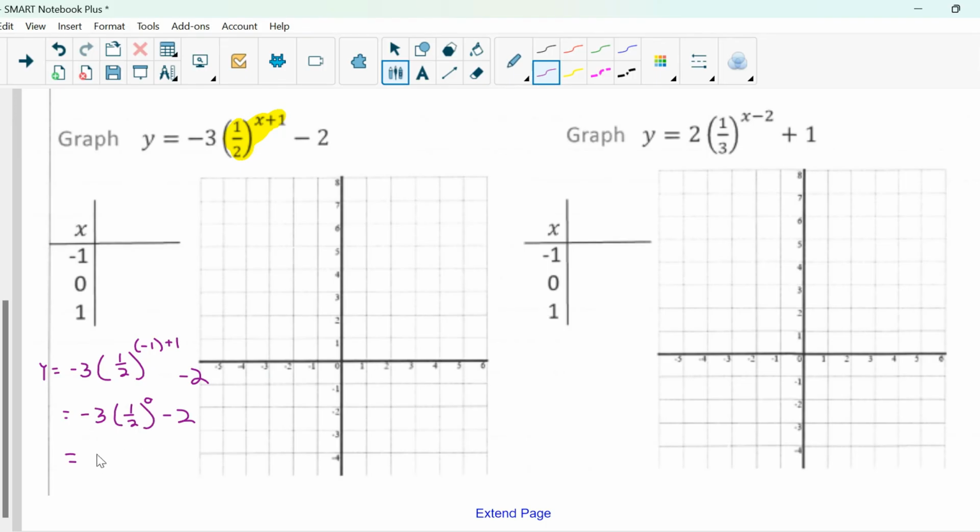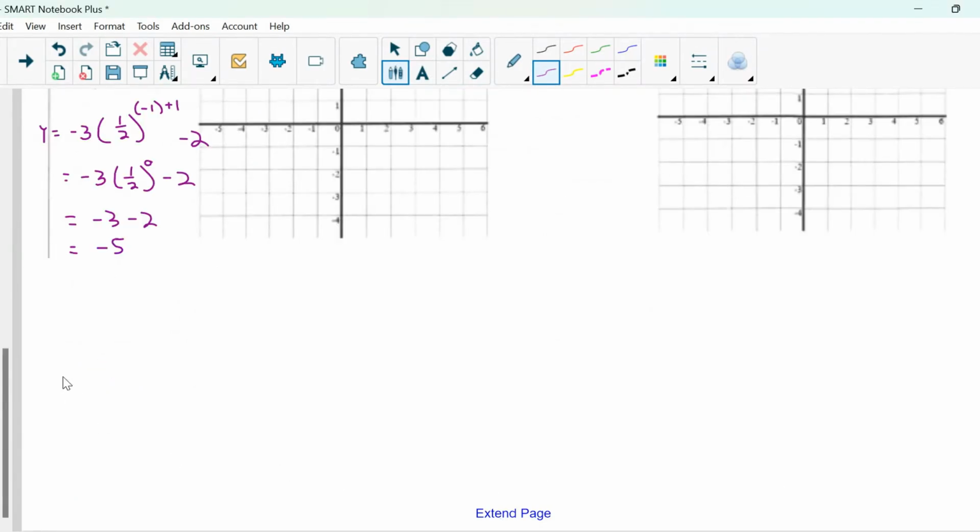So that's going to leave me with -3 times 1, which is -3, minus 2, which is just -5. So for -1, I'm going to have a -5. And now I'm just going to repeat these steps.